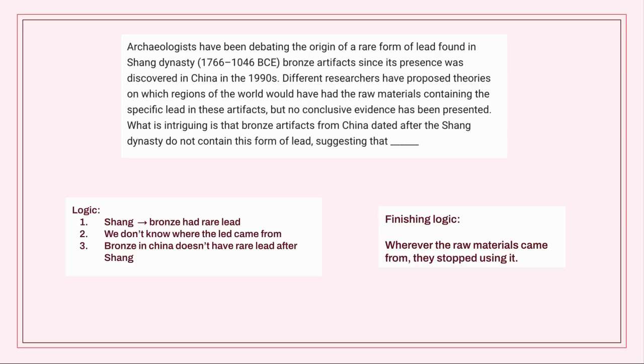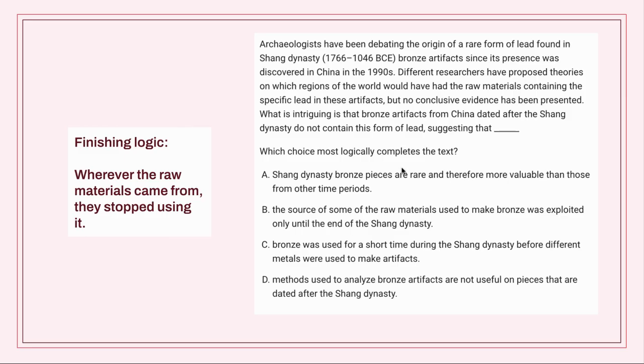We don't know any of that. All we know is that since it doesn't have that form of lead, they found their raw material elsewhere. They found a different source for the bronze that doesn't have that lead. That's pretty much all we know. So just take a second to see which one is right and why the other ones are wrong.